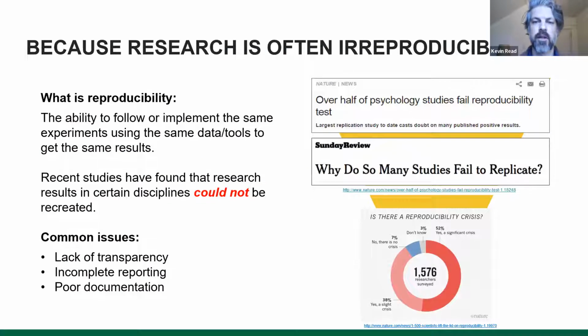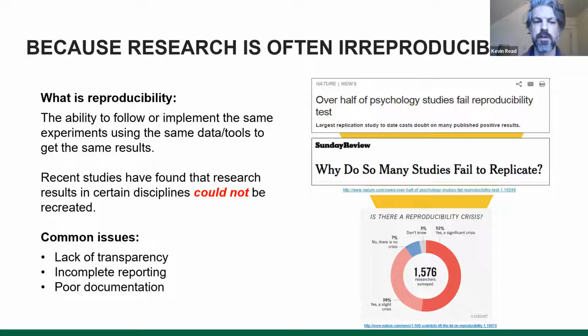We also have seen now that there's an issue around reproducibility in research. For those of you who aren't familiar with this concept, reproducibility is the ability to follow or implement the same experiments using the same data and tools to get the same results. So I should be able to look at your paper and everything I follow in that paper should be reproducible based on what you said. But a lot of studies recently have highlighted the fact that many high-profile research studies that have led to new drug treatments, for example, could not be recreated at all, specifically in psychology.